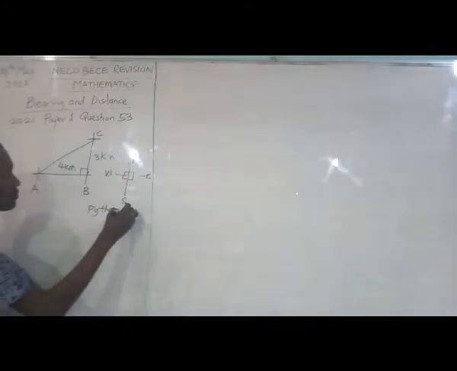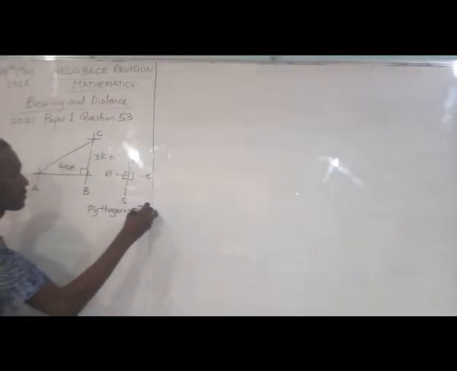Somebody had just said 5, and that is correct. So you see that because you had a background knowledge, you don't need to solve. This is an objective question. You don't need to solve overly, because there's something you were taught. It's called Pythagoras triplets.